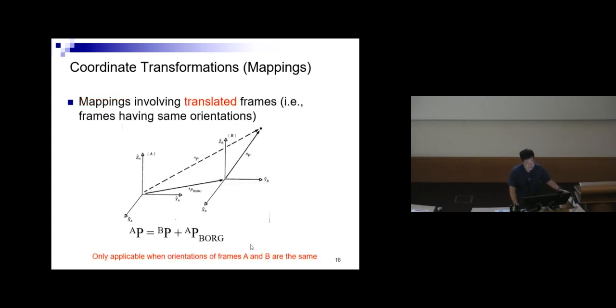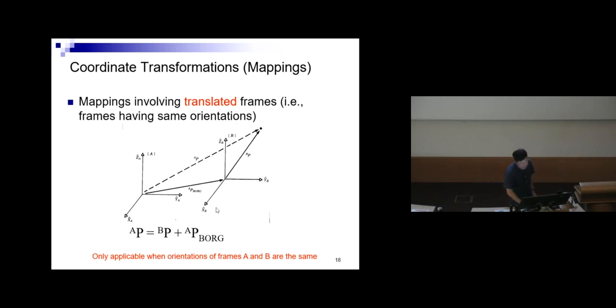In this case, it involves a translated frame. If both of the frames have the same orientation, essentially there's no rotation; the rotation matrix is actually your identity matrix. So what happens here is your AP is equal to your BP plus AP B origin, which is the translation of your origin.